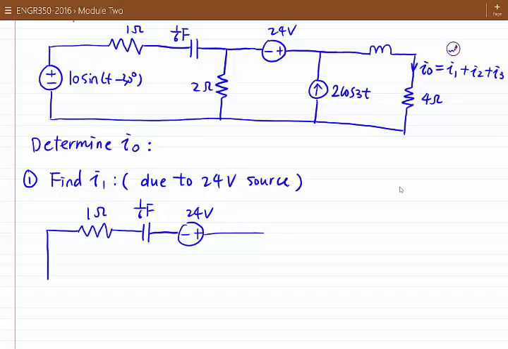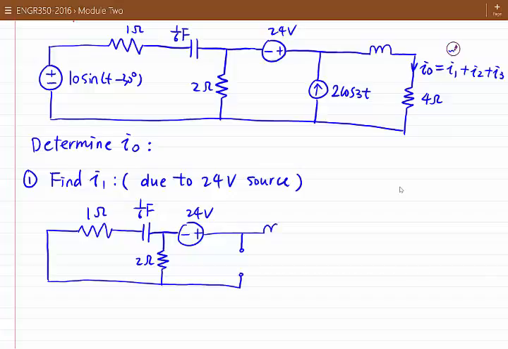Here we have 2 ohm. And we had a current source in this position, so we need to turn off the 2 times cosine 3t current source. For a current source, if we want to turn it off, that means the current will be 0. That means the current source will be open circuit. So here the current source is open circuit.